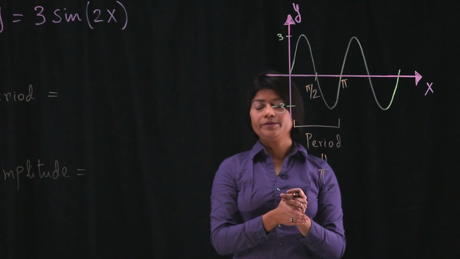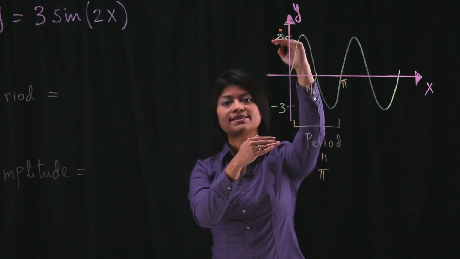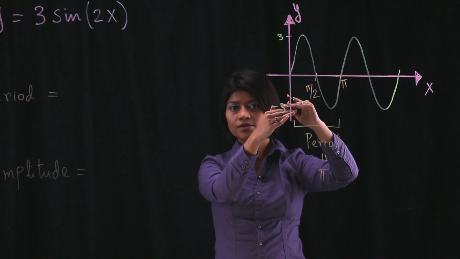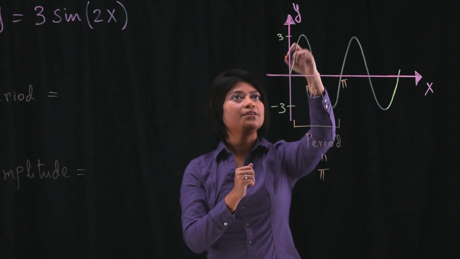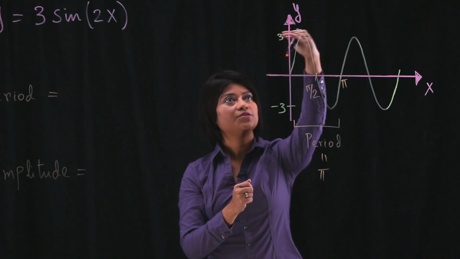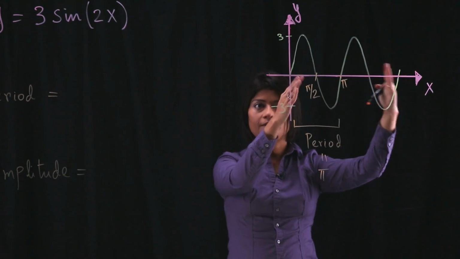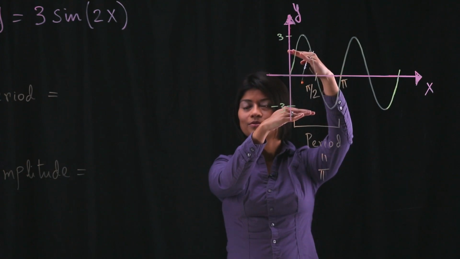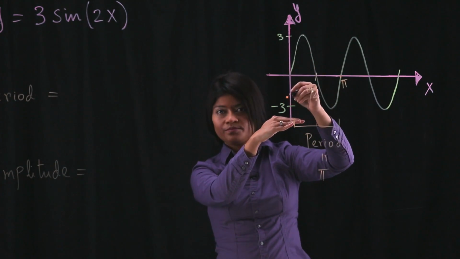Amplitude is defined to be: you take the difference between the max and the min values and then divide by 2. Okay, so clearly from the graph you see the maximum value is 3, minimum is -3. The entire graph lies between those two values, right? So what is this length? 3 plus 3, 6.